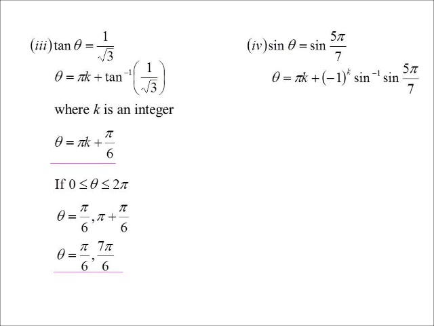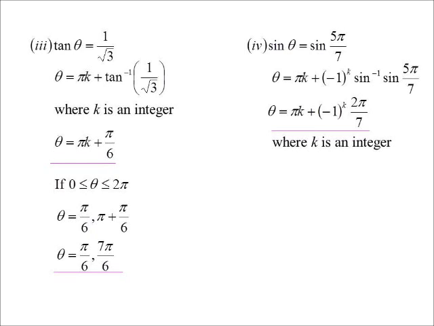Second is correct. Now remember, inverse sine then will not give me the answer 5 pi on 7. But second quadrant sine's positive, so I'm looking for the equivalent acute angle, and the equivalent acute angle would be 2 pi on 7. Okay, so there's our formula, pi k plus minus 1 to the power of k, 2 pi on 7.